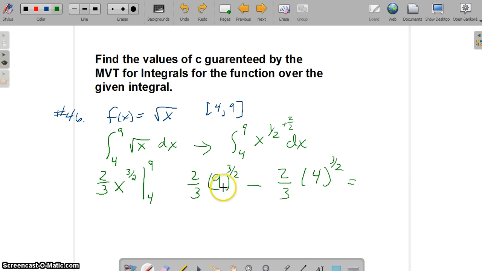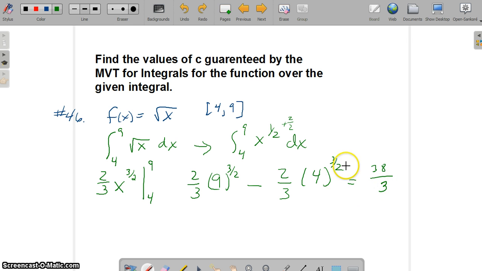When you do this, the square root of 9 is 3, and 3 to the 3rd power is 27. So you do this math, and you get 38 over 3.